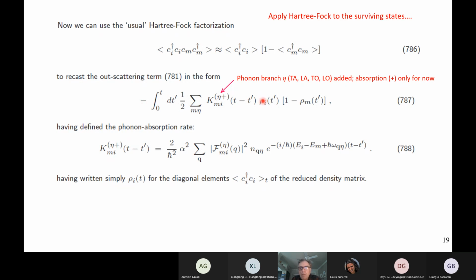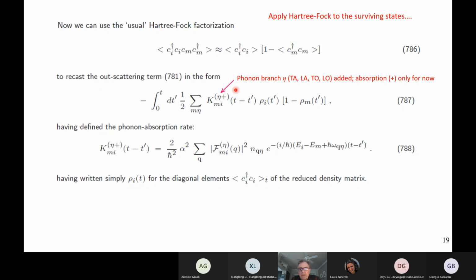And we see that the occupation of state i decreases, because of the minus sign that we have here, in time according to the probability that the state i makes a transition to a different state m, summed over all possible final states m, transitions mediated by all possible phonons eta. And you see that there is also the Pauli blocking term. This transition can occur only if the state m is unoccupied, is empty, and so we can scatter into there.